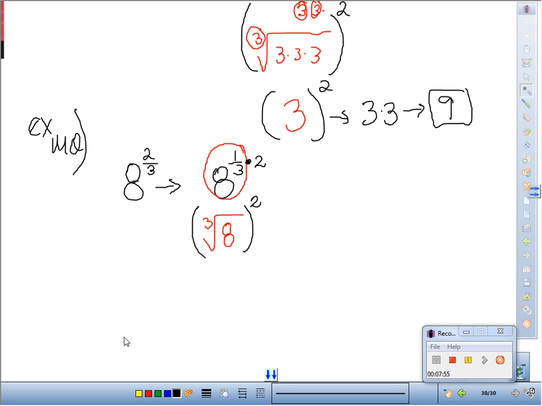So far so good? What did we do to the 8? Factor tree. Remember? Once again, we start with 2, 3, 5, 7, and 11. Which one? 2 times 4, and this is 2 times 2. So let's rewrite this. Cube root, and instead of 8, we get 2 times 2 times 2.